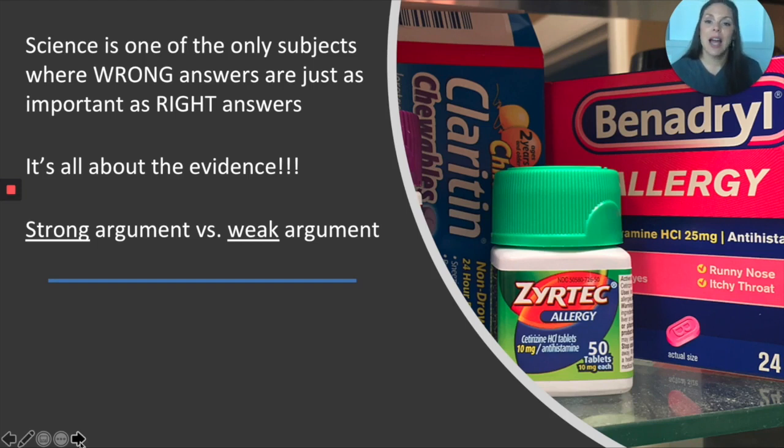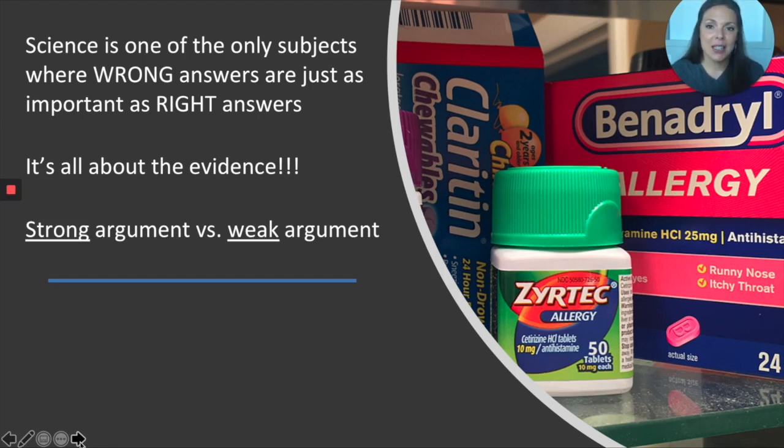So in science, it's really interesting. It's one of the only subjects where ideas aren't really right or wrong. They are ideas, and then we build evidence to either support them or go against them, and either one is important. So it's all about the evidence.